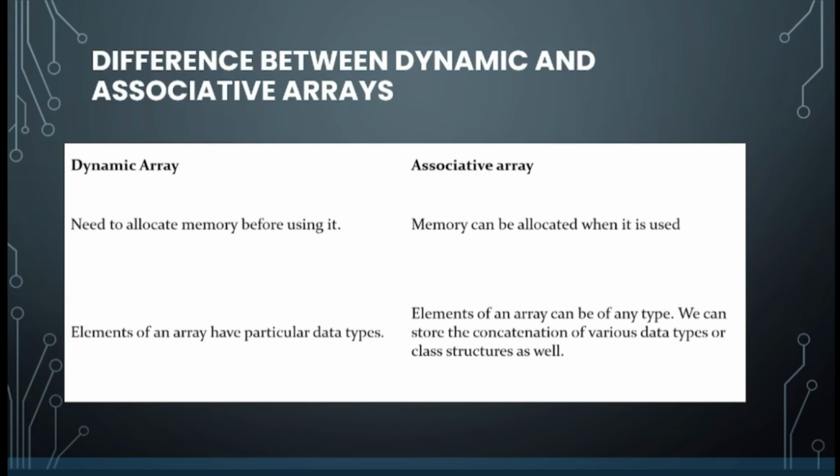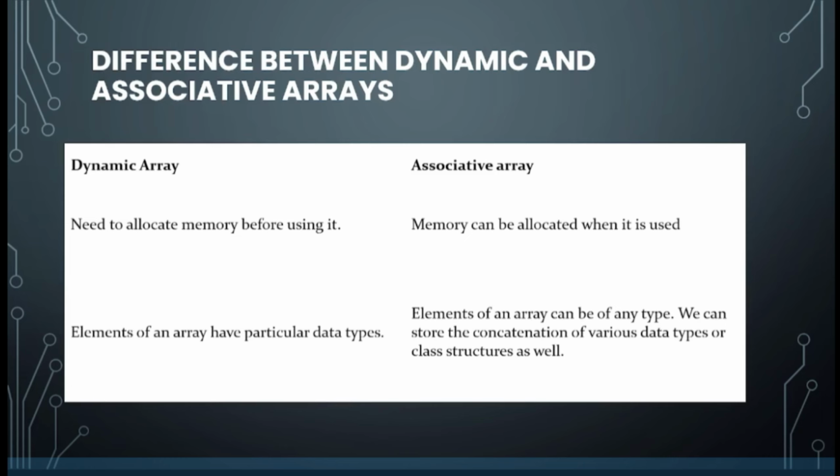But in case of associative array it is not like that. We can allocate the memory only when we are using it. That means when we want to assign some value into my array, then I can automatically create my memory and I can assign it immediately. But in case of dynamic array, that is not the case.